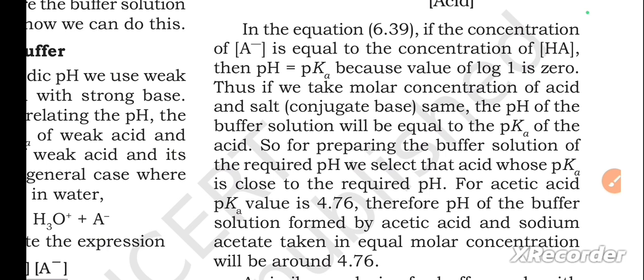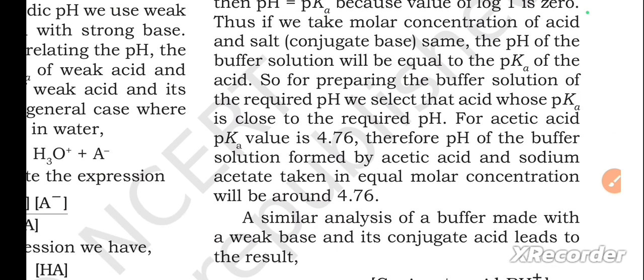So, for preparing the buffer solution of the required pH, we select that acid whose pKa is close to the required pH. For acetic acid, the pKa value is 4.76. Therefore, the pH of the buffer solution formed by acetic acid and sodium acetate taken in equal molar concentration will be around 4.76.